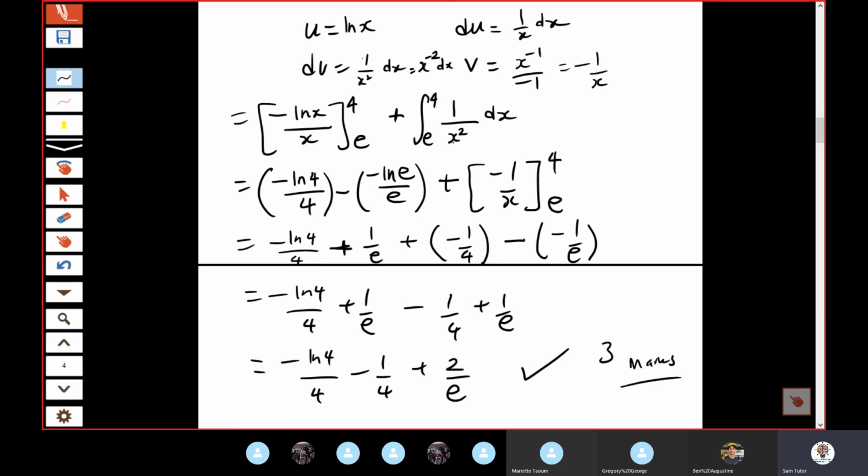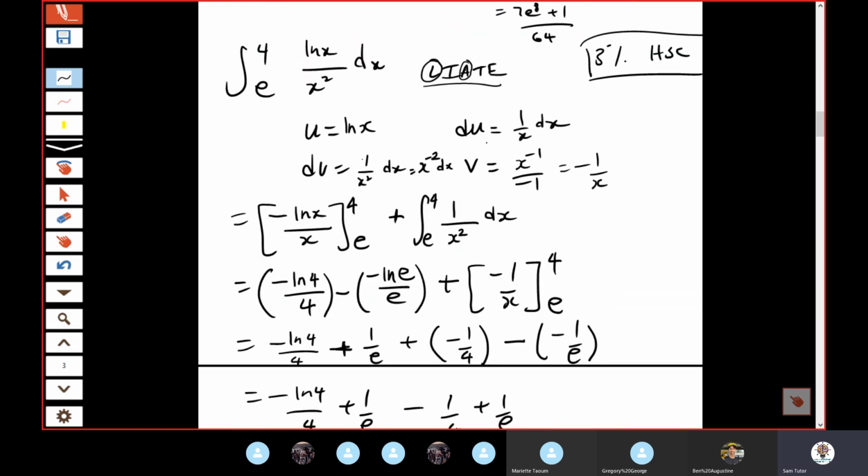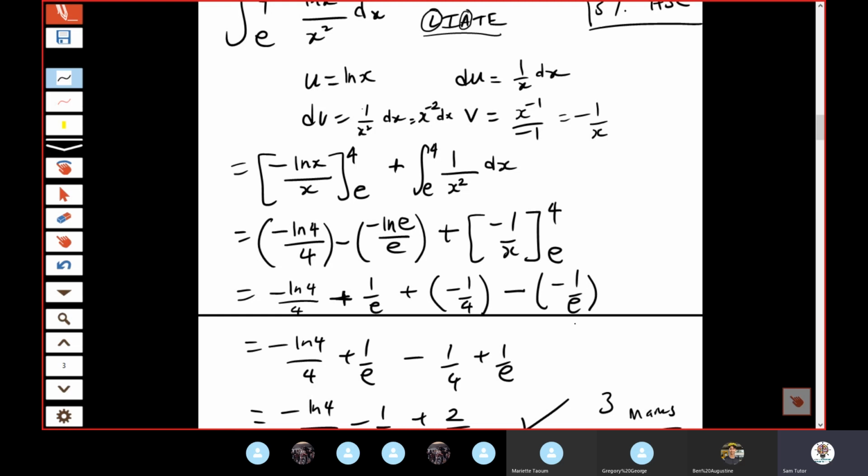Just out of curiosity, Maria, what was harder, the actual integration bit or the substitution bit? The integration bit. And what bit has more room for error? The substitution bit, I think.